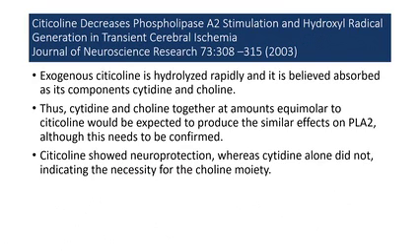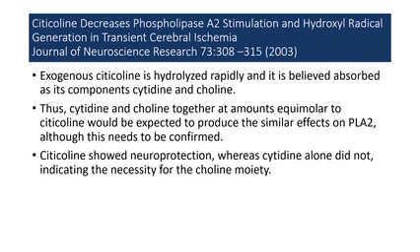But if you give cytidine by itself, it's not effective at all on blocking PLA2. You need to give the combination. And so the combination caused neuroprotection, where the cytidine, the C of CDP choline, by itself was not effective.